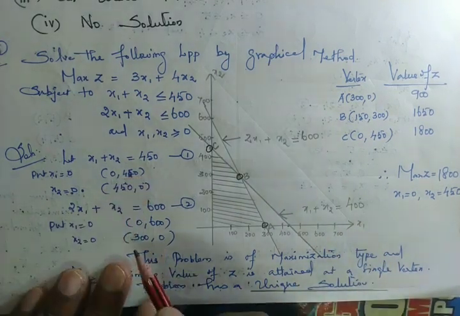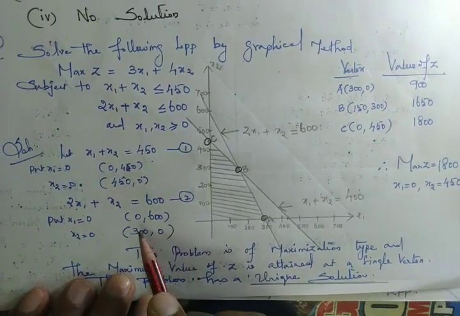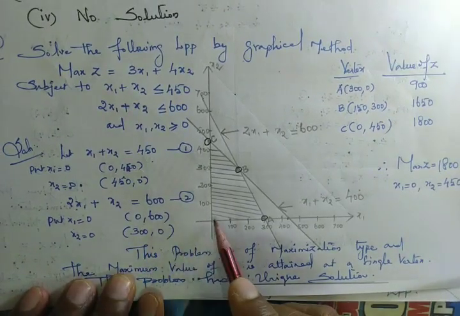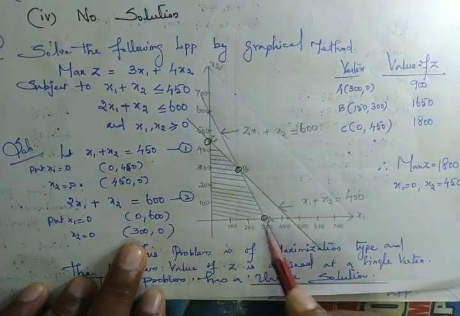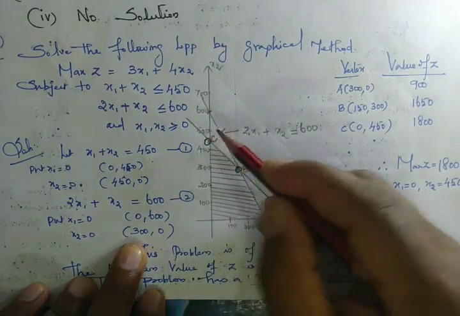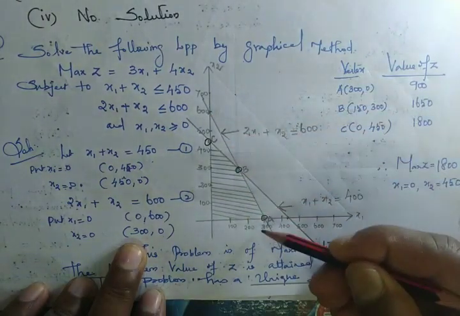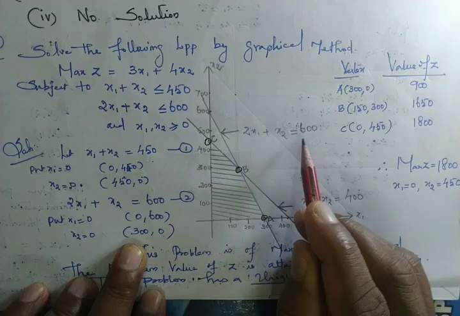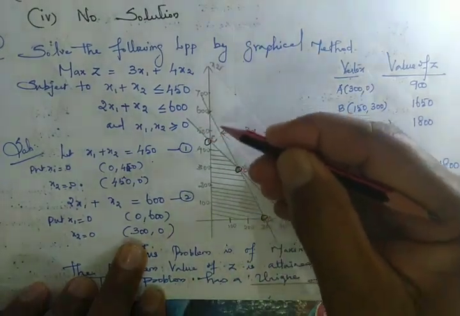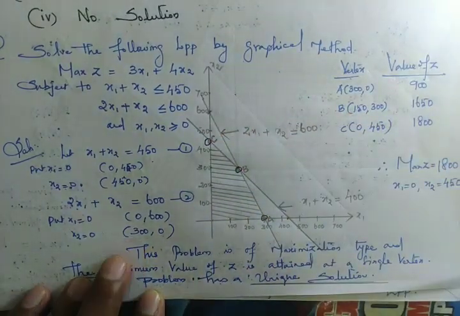Similarly, the second equation has the points 0 comma 600 and 300 comma 0. Joining these two points, we get the line 2x1 plus x2 equal to 600. After plotting the lines, we have to find the region.